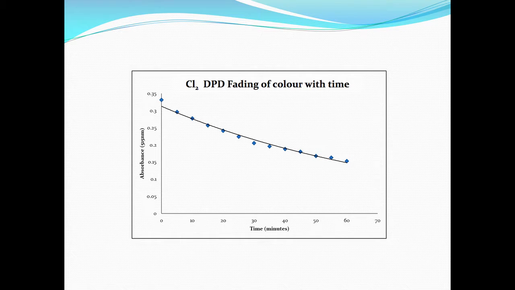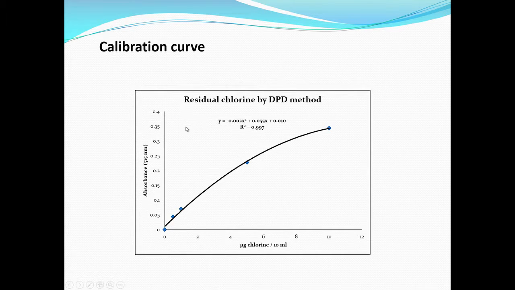Therefore, we have established a relationship of absorbance versus time. You can see that the absorbance is not stable at all. So, you have to fix the time when you want to measure. Therefore, that time becomes a critical element in the absorption method.